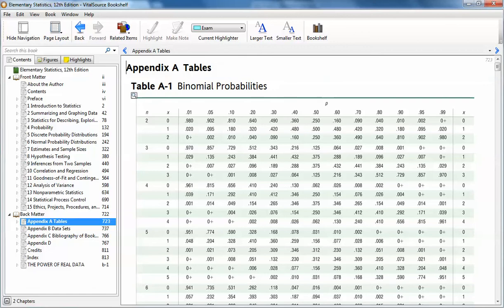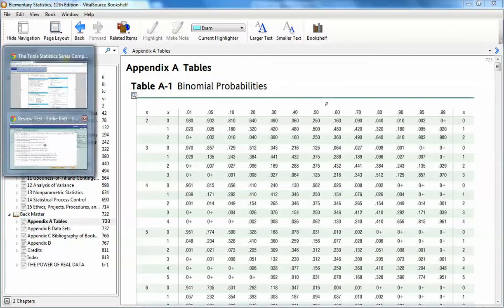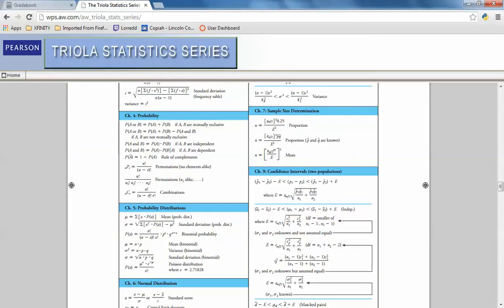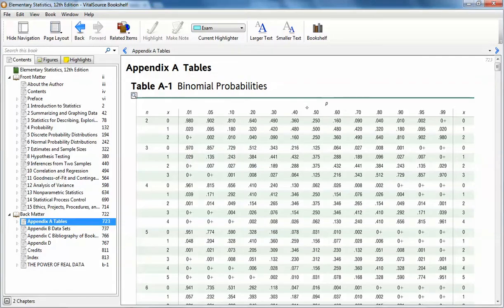All right, so we need to see what our n is equal to. That would be the sample of 4, and we want to know the probability of exactly 3. So the 4, that's your n. Exactly 3, that's your x. So if we go back to our table, our n was 4, our x we wanted exactly 3.